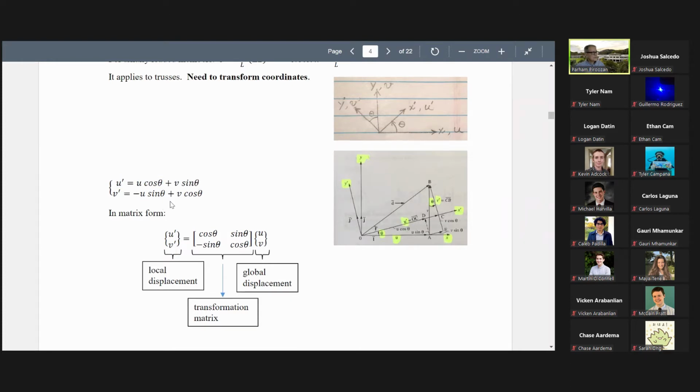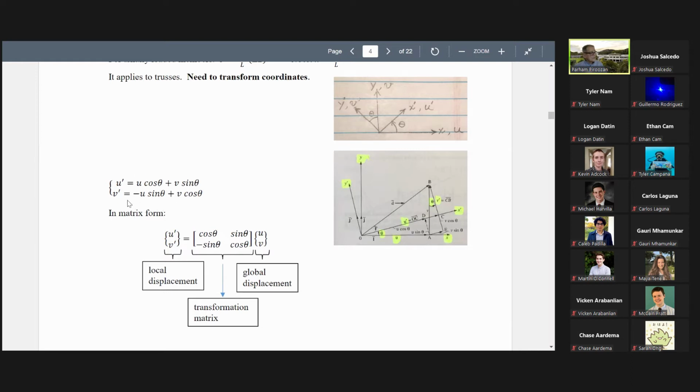Similarly, v prime is negative u sine theta plus v cosine theta. From the geometry, you can see it easily.